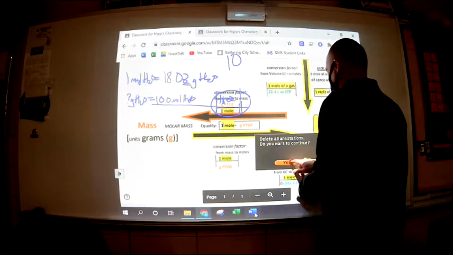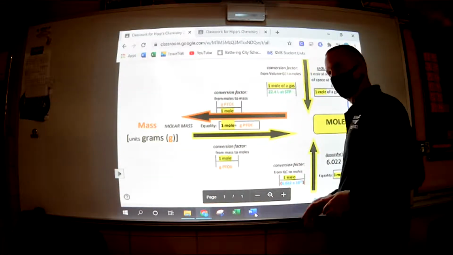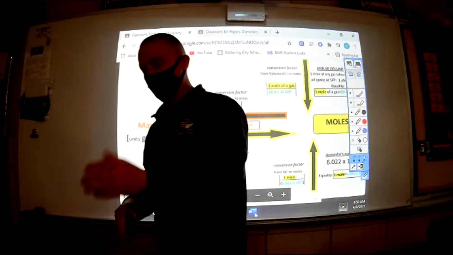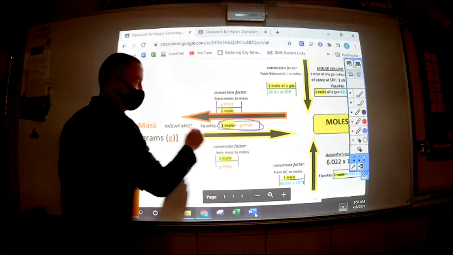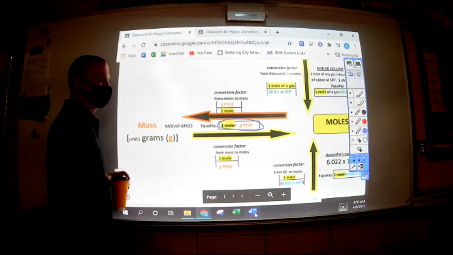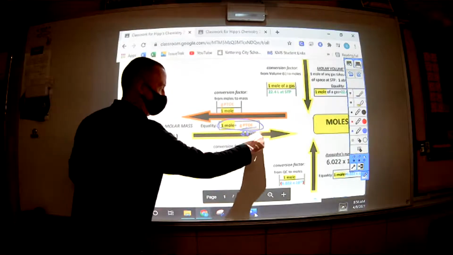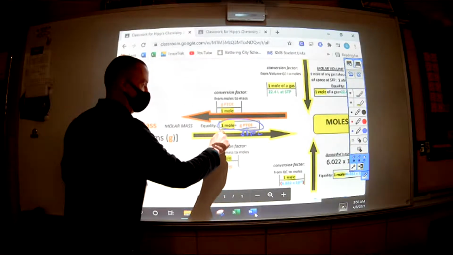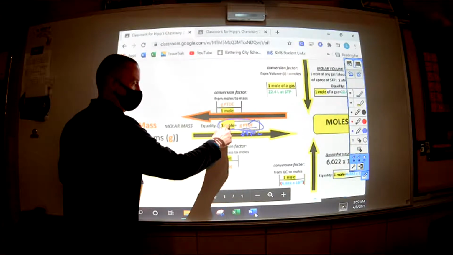This table just gives us a summary. What does the expression look like? What does your conversion factor look like? Here's our equality. We have an equality, that is between the arrows. If we divide both sides of this equality by the mass in grams, the mass cancels out, and we get 1 mole over the grams.